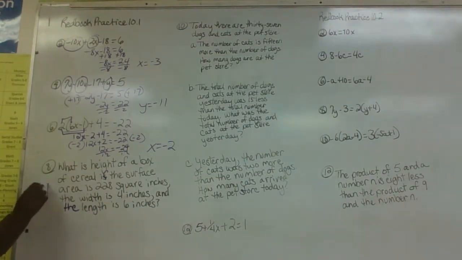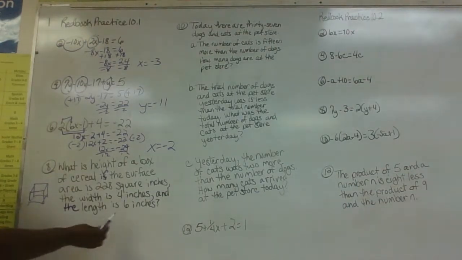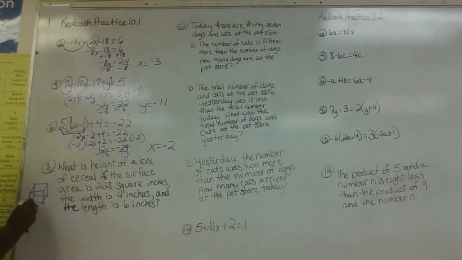Here's our box of cereal. When we remember our surface area, it told us that we had a length of 6. It told us that we had a width of 4. That's going to be over here on the side. And then it told us that we had a height we don't know, so put our x there.